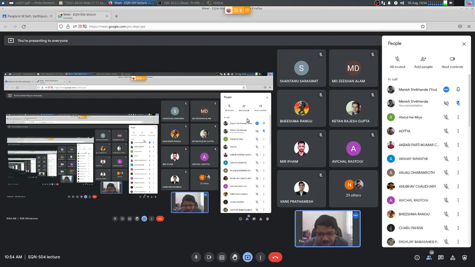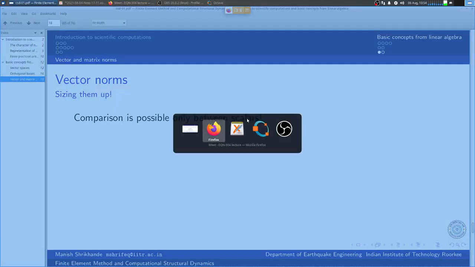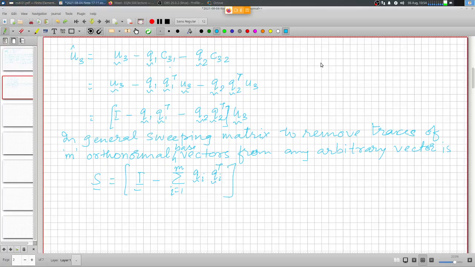Let us say I have two vectors, x1 and x2. Let's say this is n by 1 and this is also an n by 1 vector.